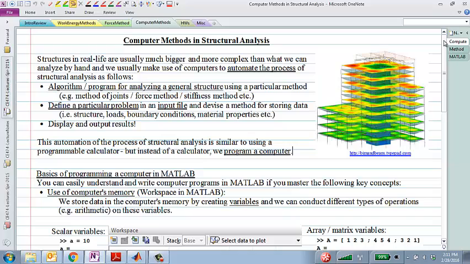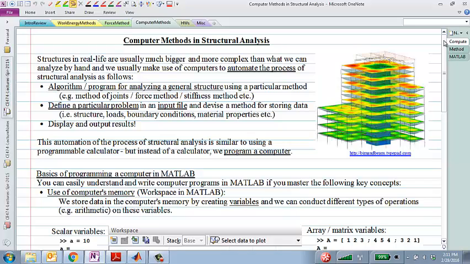Which means that we do need to take advantage of the computer tools that we have to be able to solve these real life structures. And as you can imagine, when you go out there to work, maybe in a year or two, people are not solving these indeterminate structures by hand. They are making use of complicated structural analysis programs.